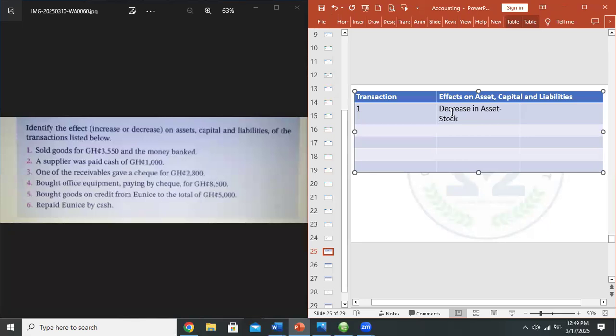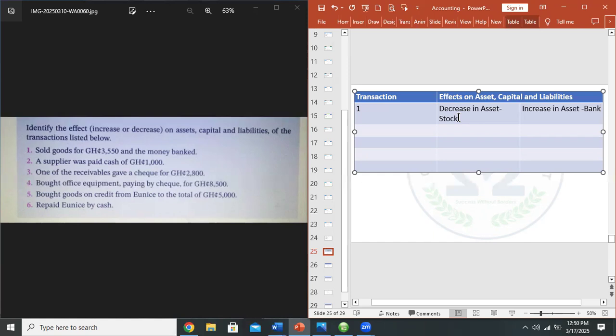Okay, that's the goods, but we use stock to represent the goods. And there is an increase in another asset, which is the bank, because we are getting money into the bank account. Okay. So this was what I was expecting. Some of you indicated decrease in asset, but you didn't tell us the specific asset as to whether it was stock or whatever.